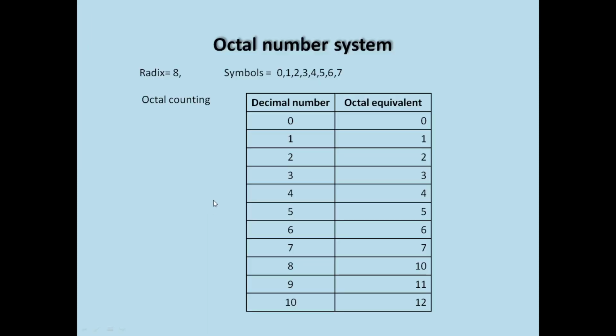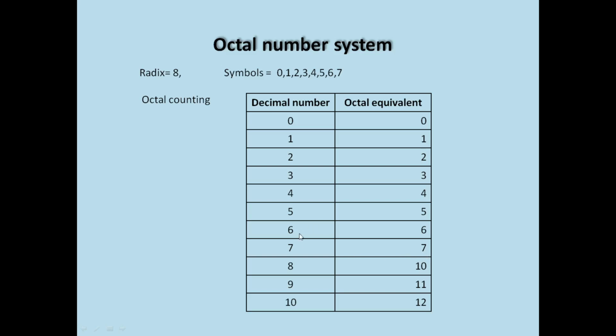The octal number system has 8 symbols, 0 to 7, and hence its radix is 8. This table shows the octal counting. You can see here in octal, the numbers 0, 1, 2, 3, 4, 5, 6, 7, up to 7, are the same as the decimal numbers.